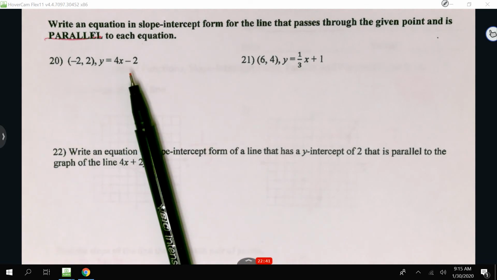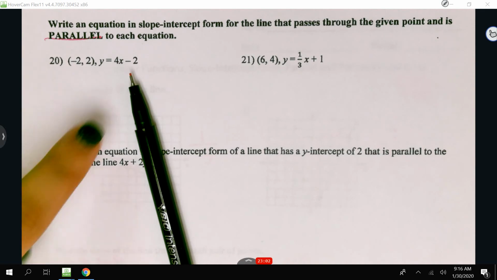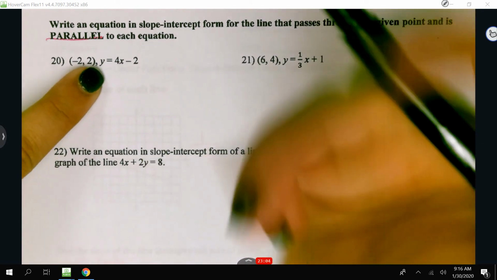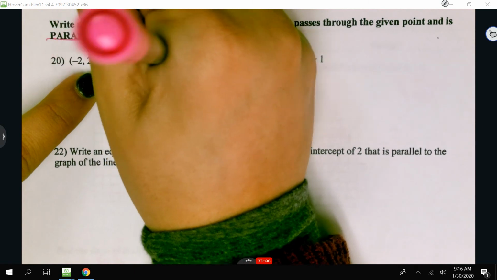Do you need the b? You need the slope. You don't need the b. Yeah, you're going to have to find the b, but what's the only thing you need from that equation they gave me? The slope. So what is your slope?